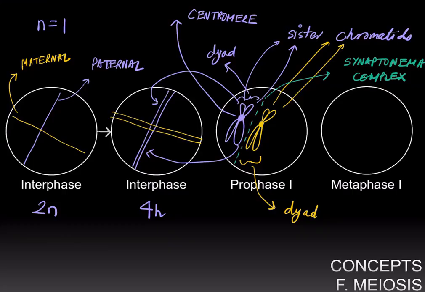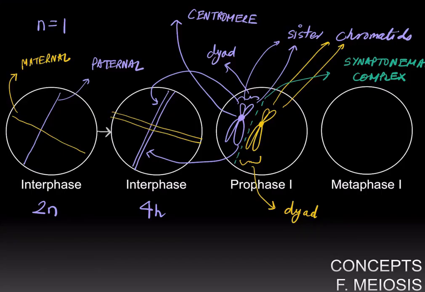And the importance of the synaptonemal complex, or attaching the 2 dyads to each other, is to make sure that during metaphase 1, each dyad aligns on the opposite side of the metaphase plate, so that eventually each daughter cell of meiosis 1, and therefore each gamete at the end of meiosis 2, receives one of each type of chromosome.